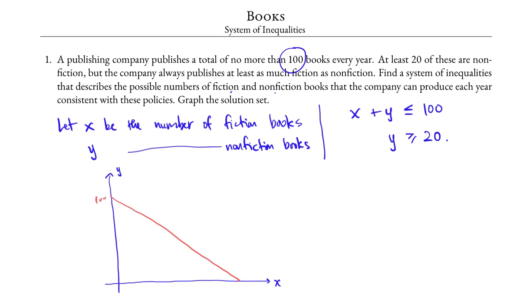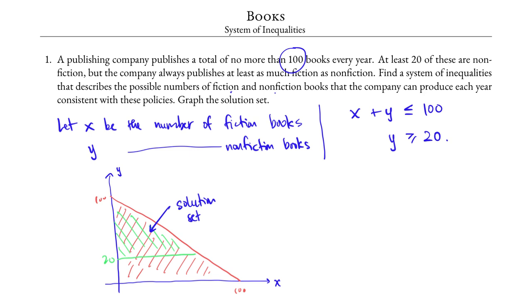And we would shade on the left-hand side of this because x plus y is less than or equal to 100. y is greater than or equal to 20, and so we would draw the line y equals 20 and we would shade everything above it. The part that we shaded twice is the feasible or the solution region, and so this is the solution set.